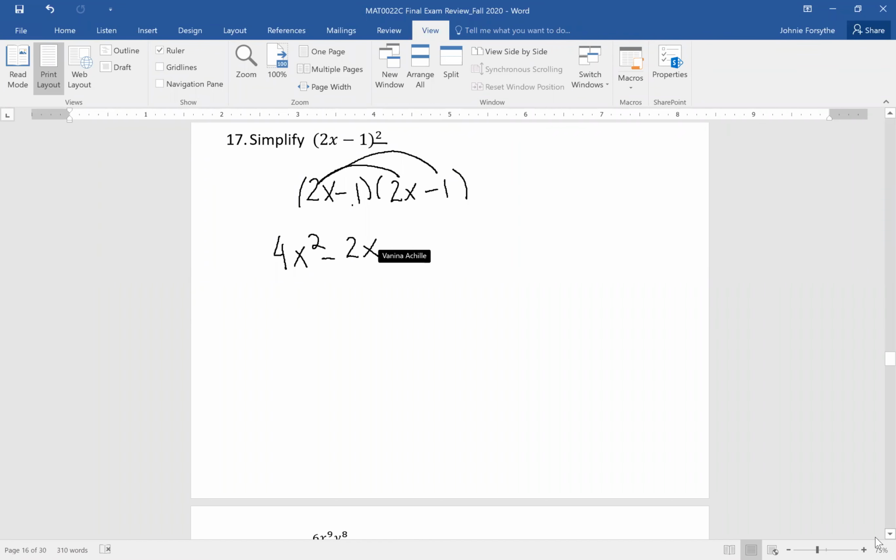Now I got to do this times this, then this times this. That's another negative 2x. And negative times negative is positive. 1 times 1 is 1. I only have these two like terms. So 4x squared minus 4x plus 1 is my final answer.